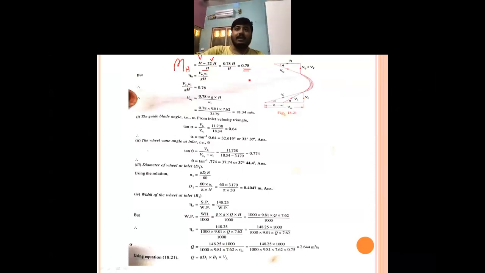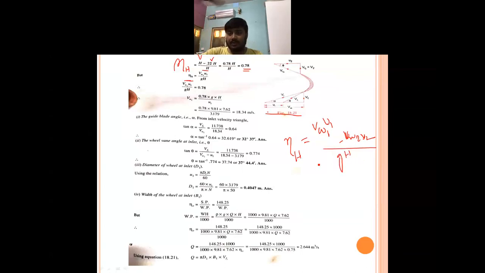Now what is eta H? You can see over here the diagram is given. I have already drawn the diagram previously, still here the diagram is given. For any radial or reaction turbine, eta H is VW1 U1 minus VW2 U2, by gH.